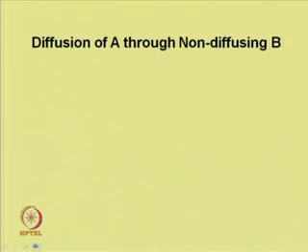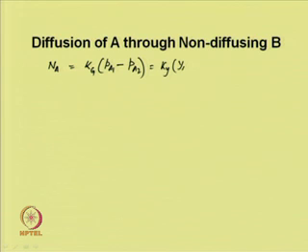So, for the case of diffusion of A through non-diffusing B, we can write flux is equal to kg, the gas phase mass transfer coefficient between 2 points if the partial pressure difference is PA1 and PA2, then it is kg (PA1 minus PA2) is equal to ky into (Ya1 minus Ya2).